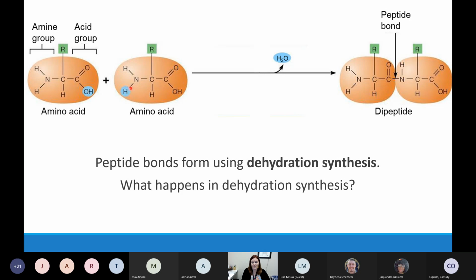The H from my amine group on another amino acid, I will take those things away. When I steal those things, I build water, but I also build a peptide bond. So peptide bonds connect together 2 amino acids. The way that I do it is by stealing water, dehydration synthesis, to build these peptide bonds.